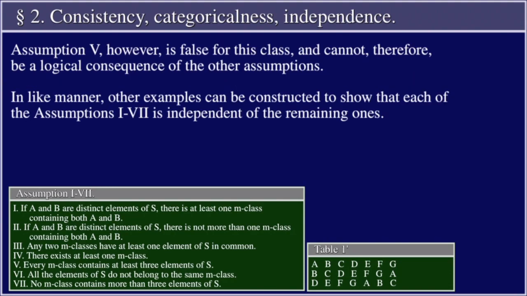Assumption 5, however, is false for this class and cannot, therefore, be a logical consequence of the other assumptions. In a like manner, other examples can be constructed to show that each of the assumptions 1 through 7 is independent of the remaining ones.